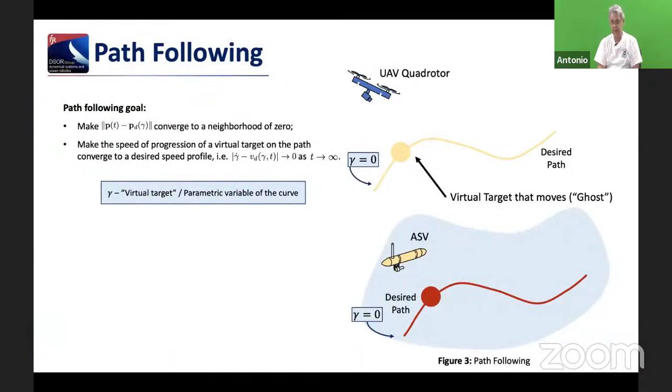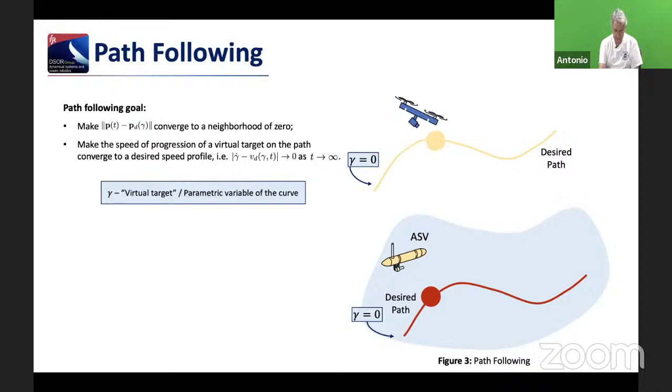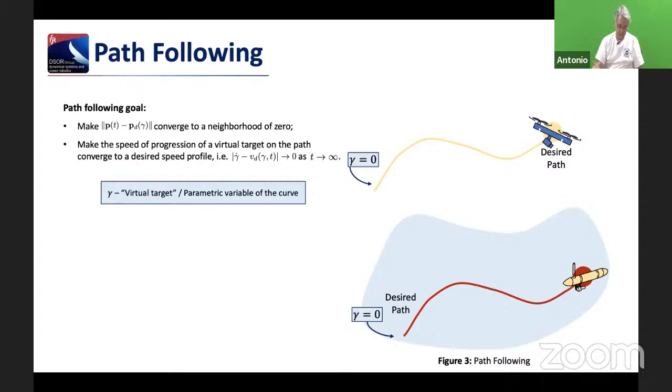The first piece of the puzzle is path following, and this is something I have been talking about. I think there's an animation here. For the quadrotor, once it detects a path over a certain area, it's supposed to follow this path, and then it communicates information down to the surface vehicle, which is required to follow this path as well.